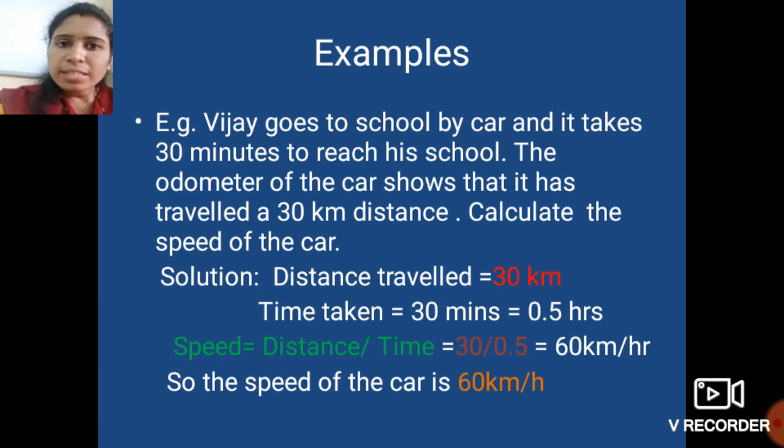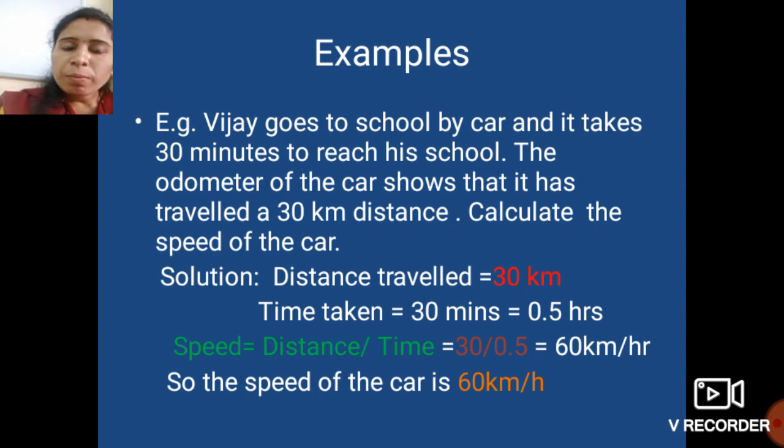Speed is shown by the speedometer, and distance traveled is shown by the odometer. The odometer is present in the speedometer.